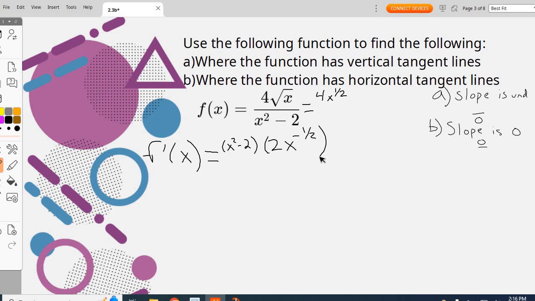Do I add? So I have low d high minus, remember that our quotient rule has subtraction. So low d high minus high d low, so 2x all over quantity squared.